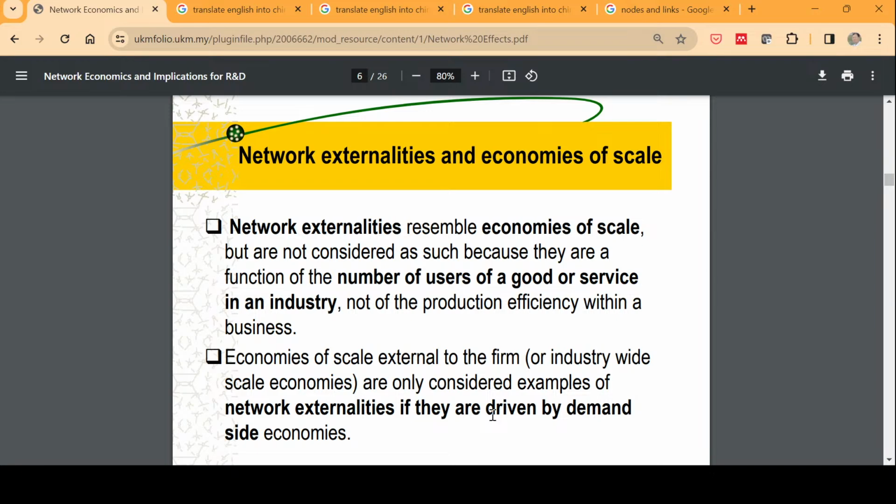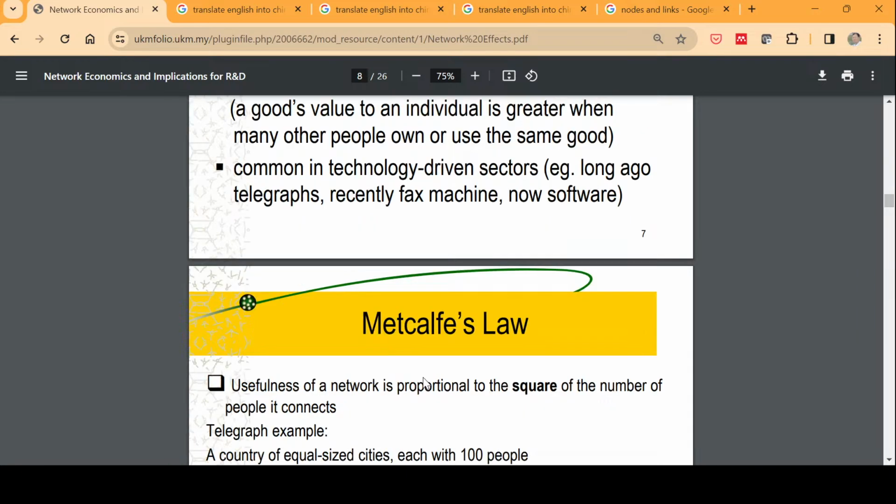So in technology products, that is the network effect. The more people buy product A, the more people buy product A. And that works through a network of demand for the products. Because of Metcalfe's law.